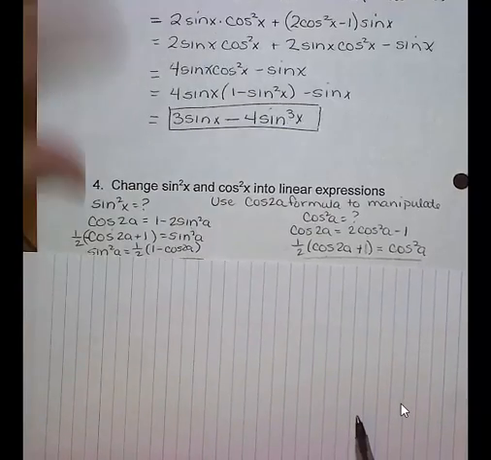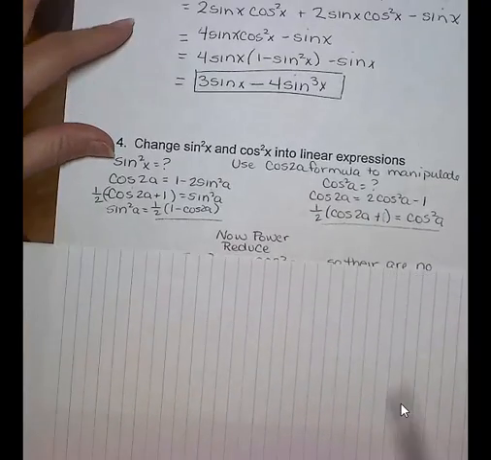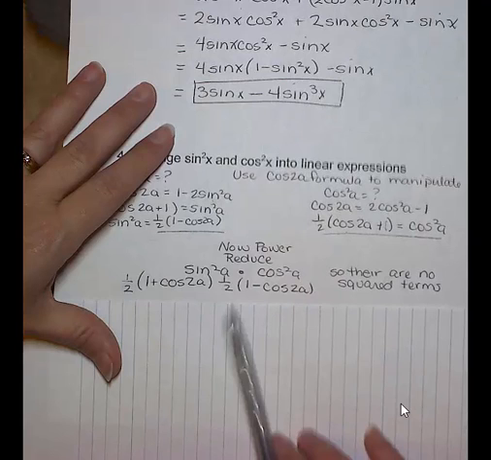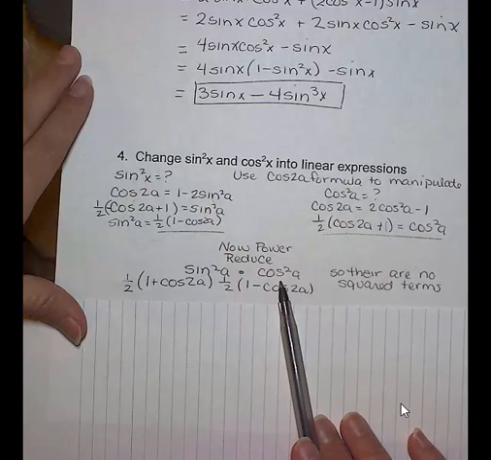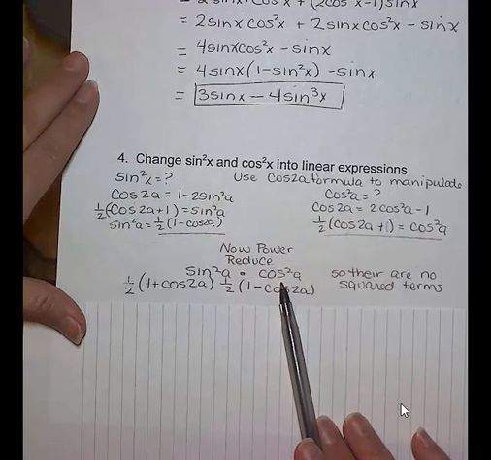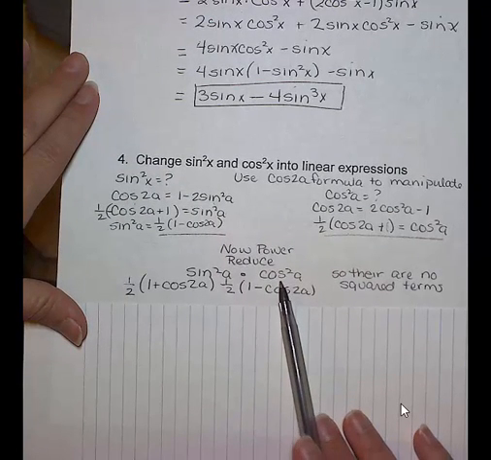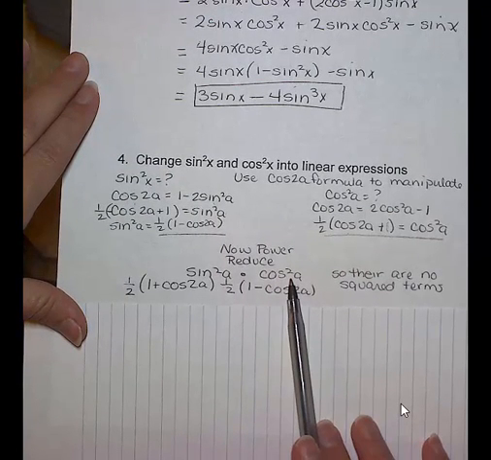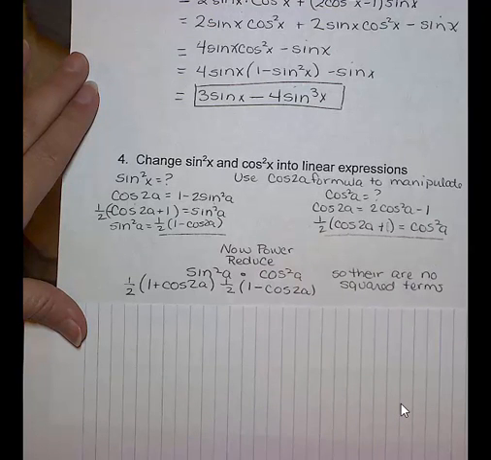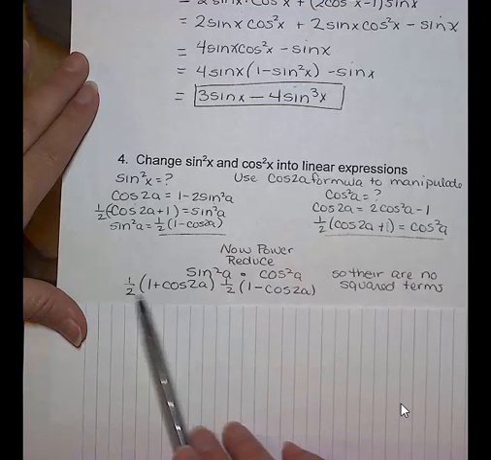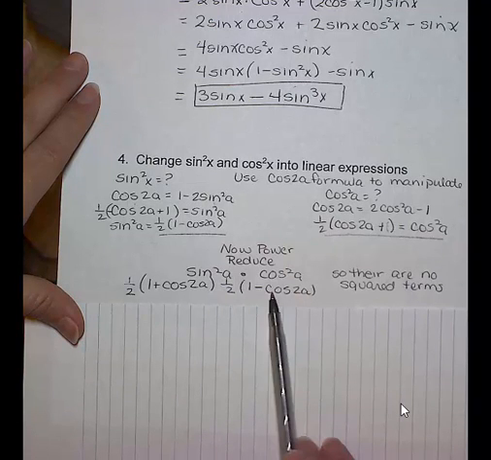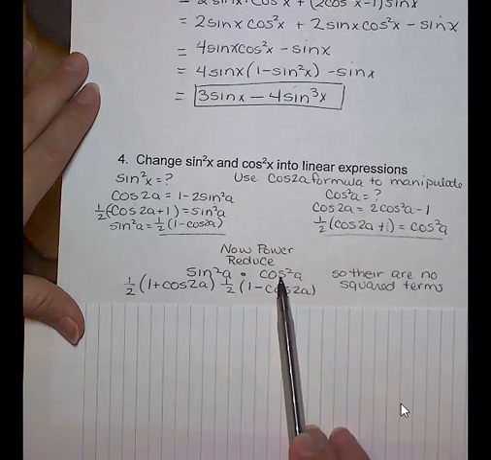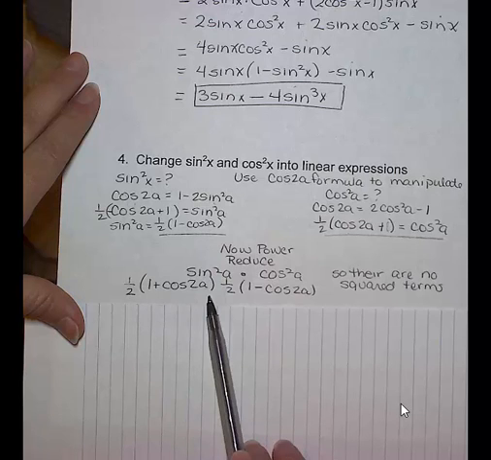So one of the problems you might see for this is, given a product of two, like sine squared times cosine squared, write those as linear expressions. Write that product as a linear expression. So we change the sine squared to its power reducing formula, and the cosine squared to its power reducing formula.